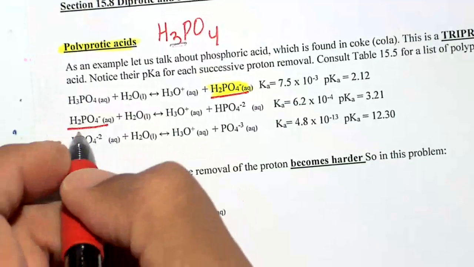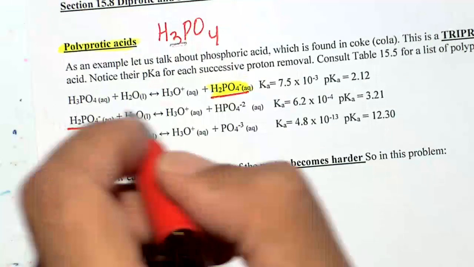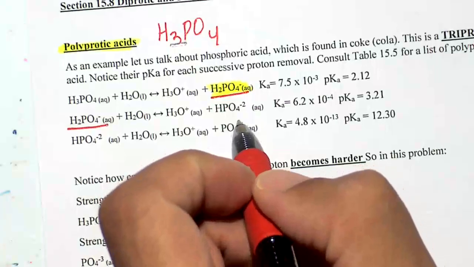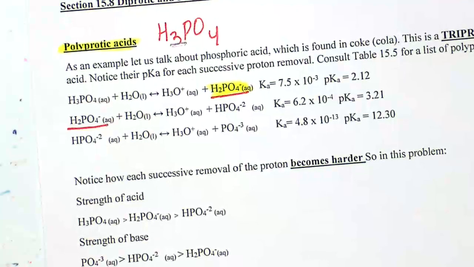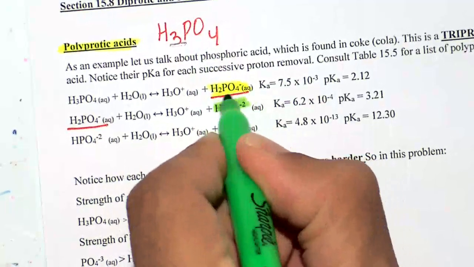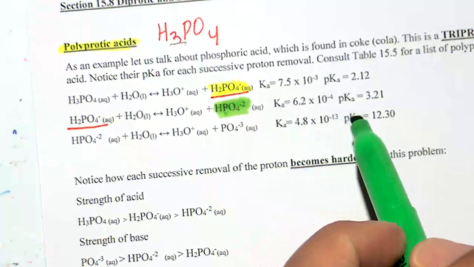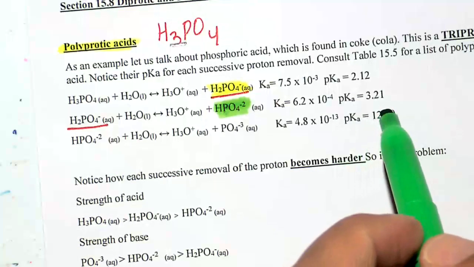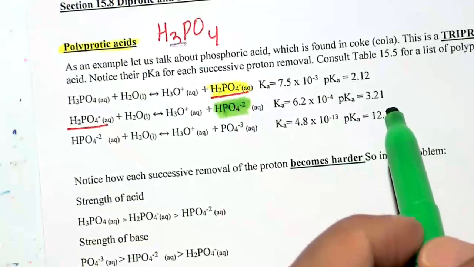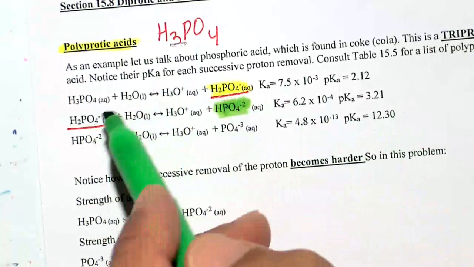That H2PO4 minus can give off another proton and give you HPO4 minus 2. What's the Ka for that proton? 6.2 times 10 to the minus 4. pKa is 3.21, so this second proton is a little weak.